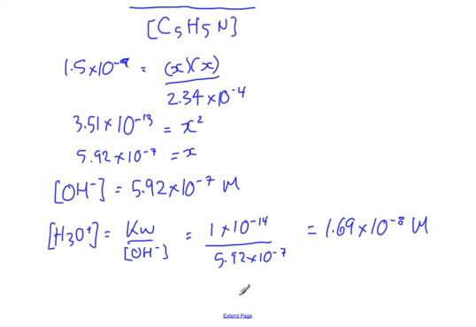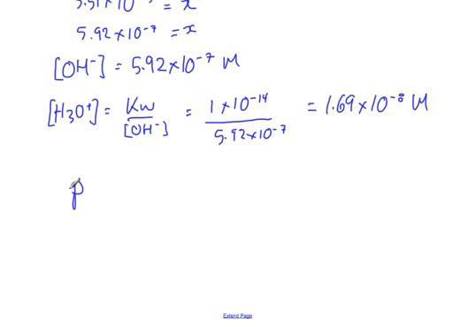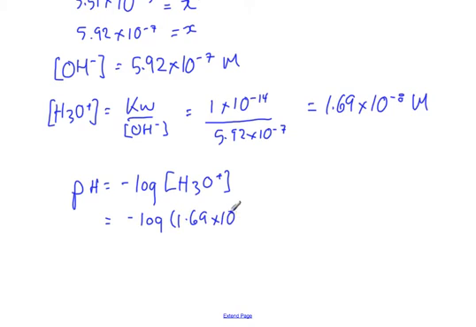And from that we can calculate pH. pH equals negative log hydronium ion, which is negative log of our concentration, 1.69 times 10 to the negative 8 moles per liter. And that gives us a pH of 7.77.